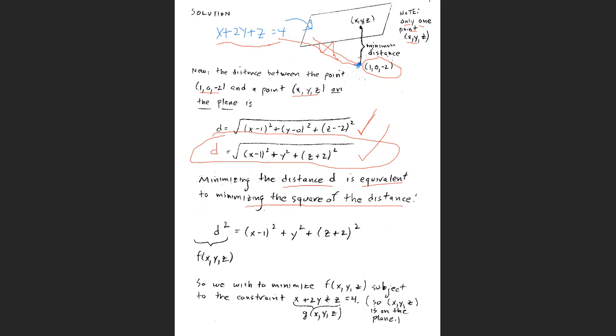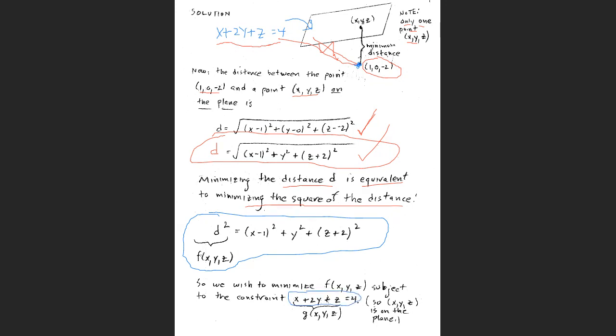So I'm going to define my function that I want to minimize as d squared. That's going to be my f of x, y, z. And I want to minimize the function subject to the constraint that x plus 2y plus z equals 4.